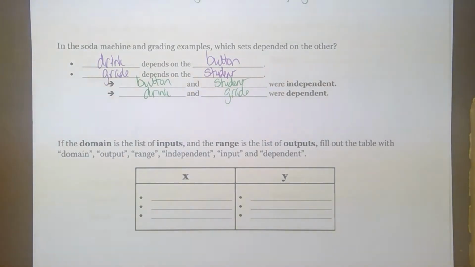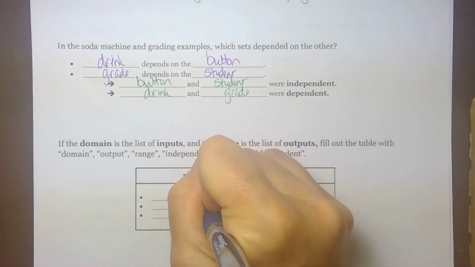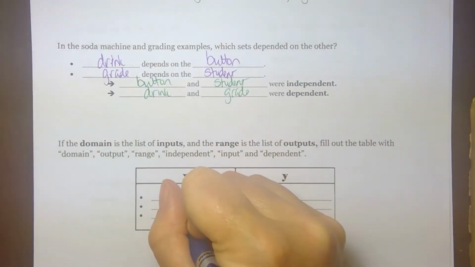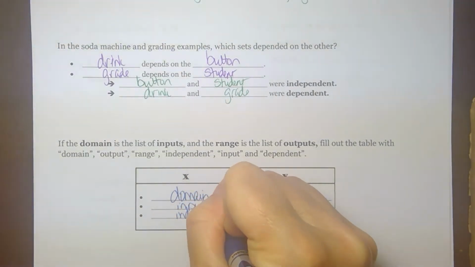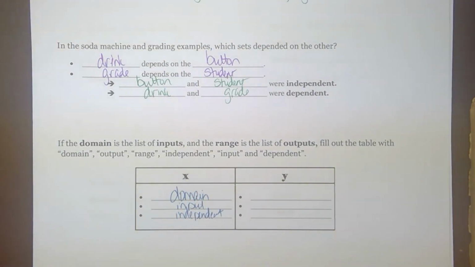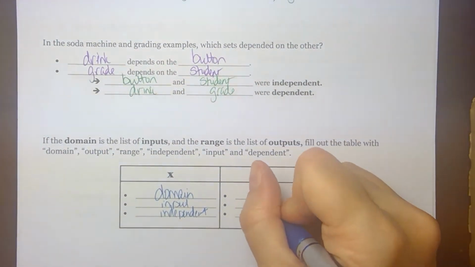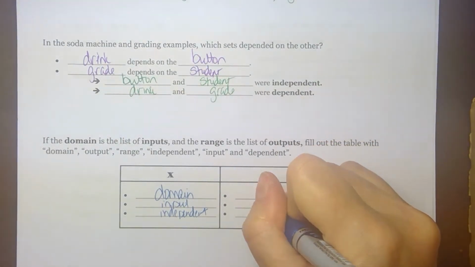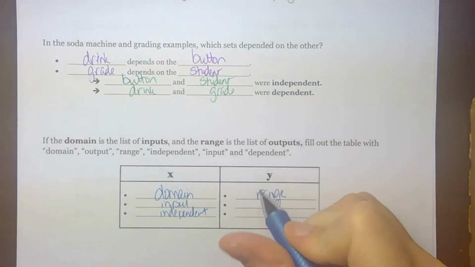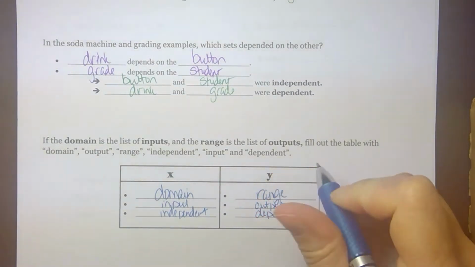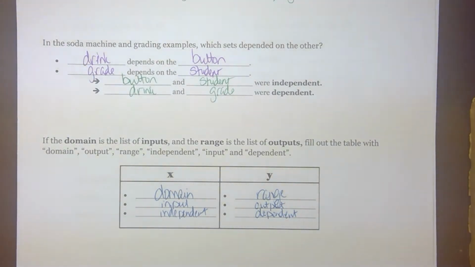So now to tie our vocabulary together, the x variable represents the domain of my function, which is also called the input or the independent variable. So the input is the independent variable. The y value of my function or of my relation represents the range of that relation. It is the output, and it depends on the input. So it is the dependent variable.